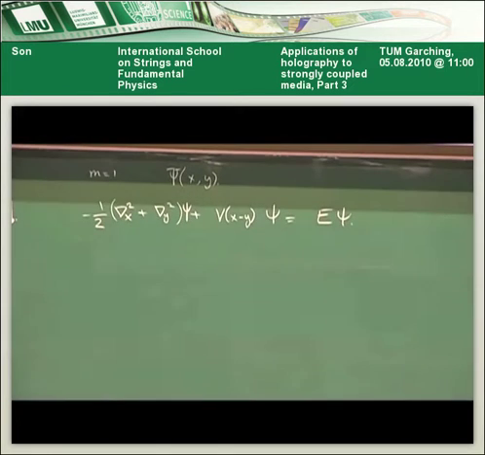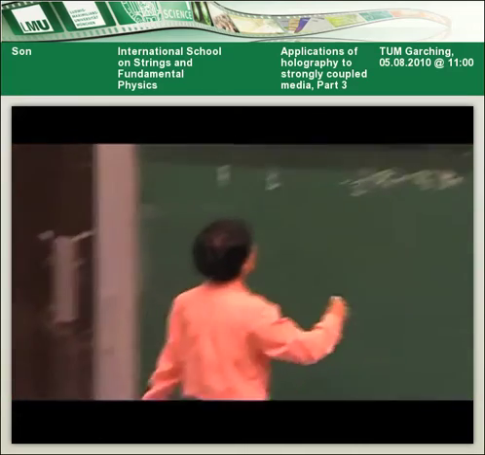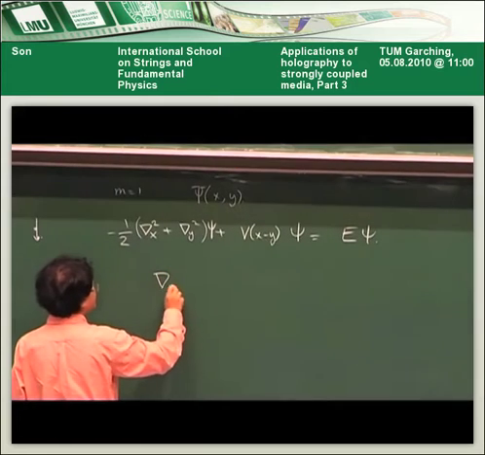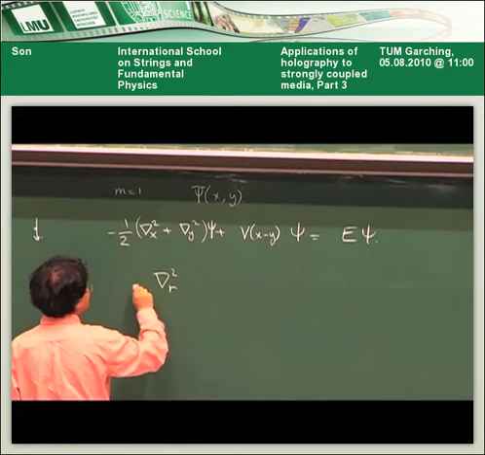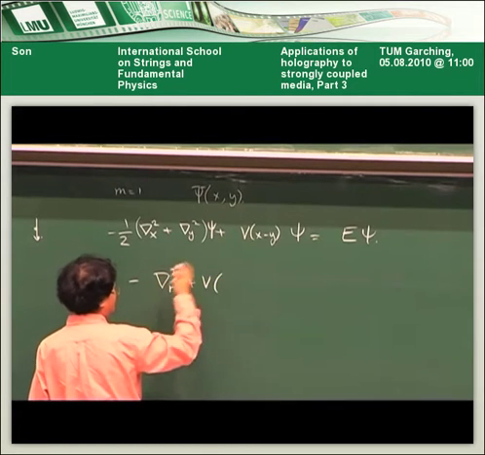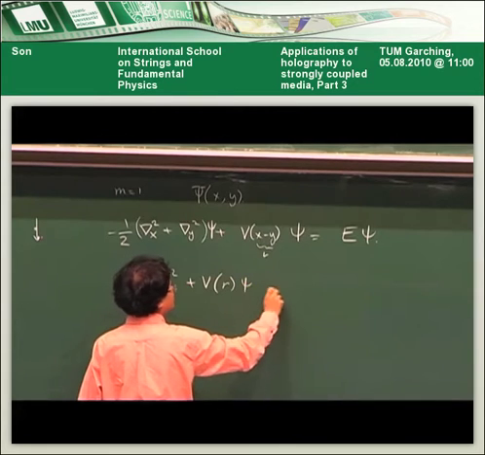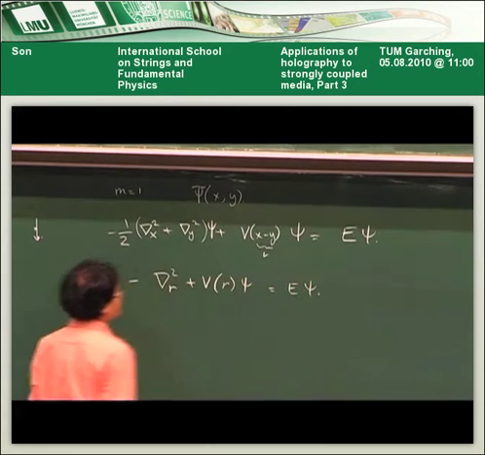Of course, you know that you can factor out this wave function into the center of mass motion and the relative motion, and so for the relative motion the equation becomes something like minus gradient with respect to r, where r is this, is equal to E psi.